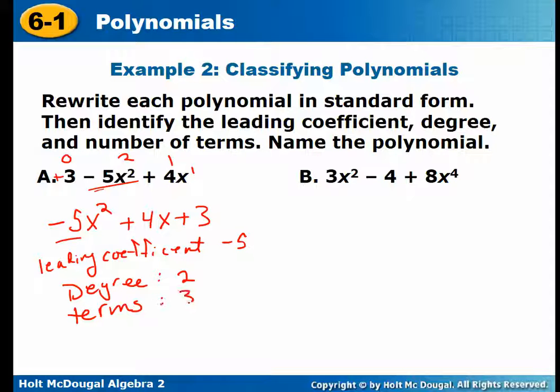We have 1, 2, 3 terms. We would name this polynomial as a quadratic, because it's got a squared as the highest degree. And it's also a trinomial because it has 1, 2, 3 terms. So it's a quadratic trinomial.